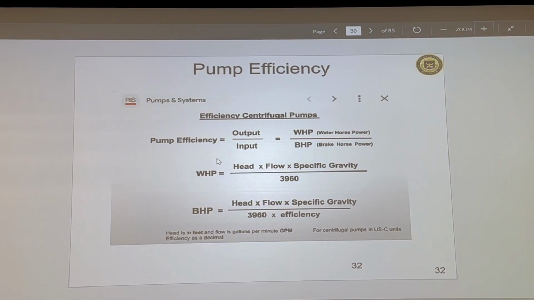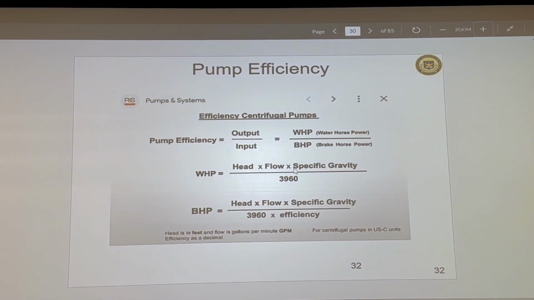So one way to calculate water horsepower is with head. Again, we use head and pressure interchangeably. Whatever pressure is developed, and the flow, the quantity, I'm talking volumetric flow, and specific gravity, divided by 3960. These are for the English calculations. And when you talk about brake horsepower, again head, flow, specific gravity, 3960, and the efficiency.